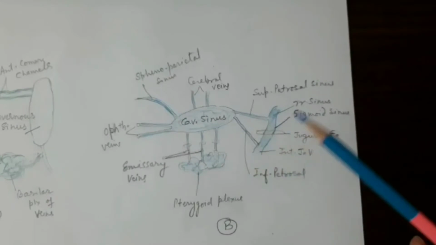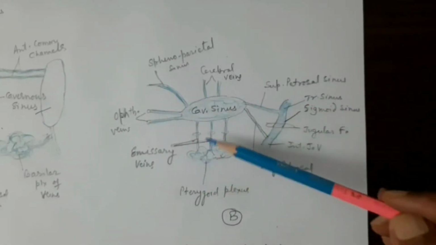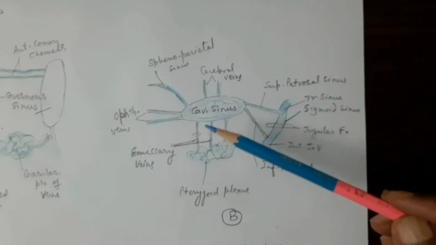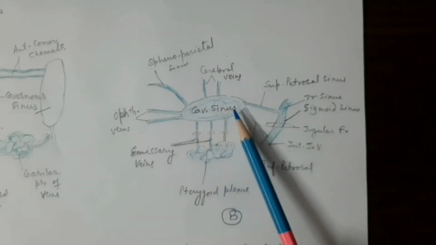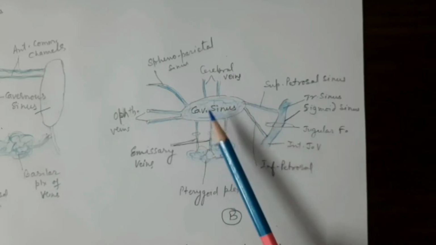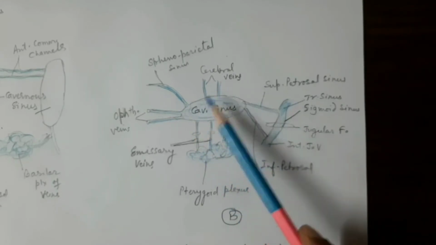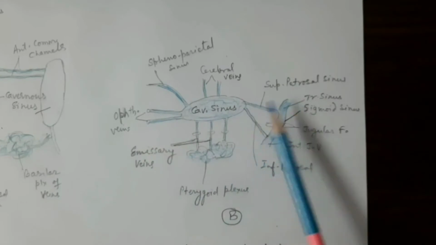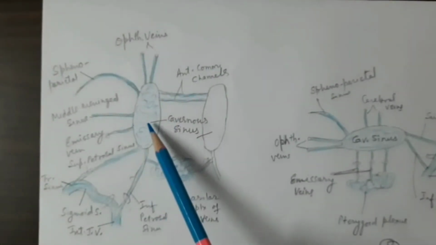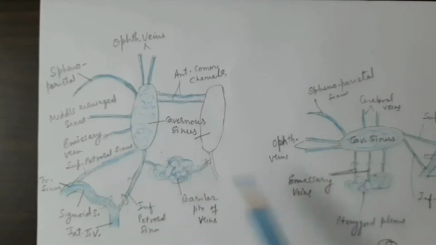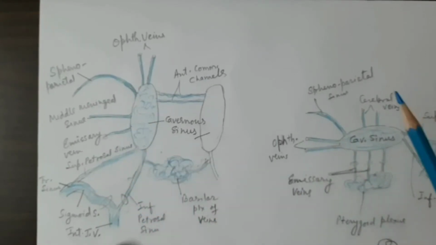And this is a view of the cavernous sinus as seen from the lateral aspect, sitting in the middle cranial fossa. We are seeing the cavernous sinus from its lateral surface, and we can see its anterior end and posterior end, but it was not possible to see the superior and inferior ends in this view.